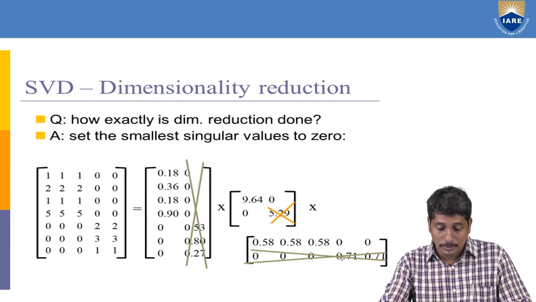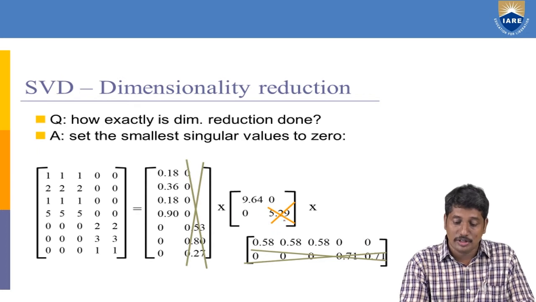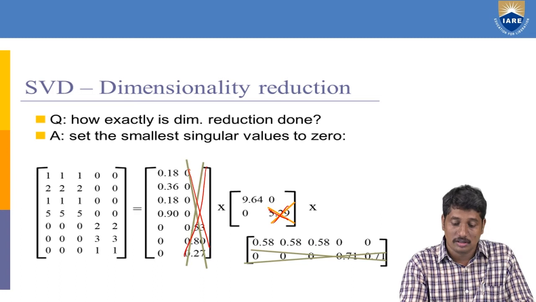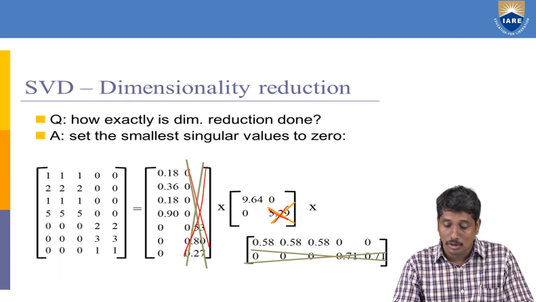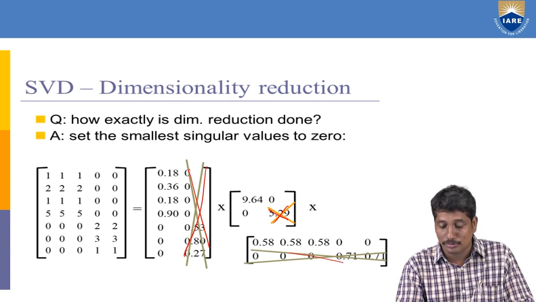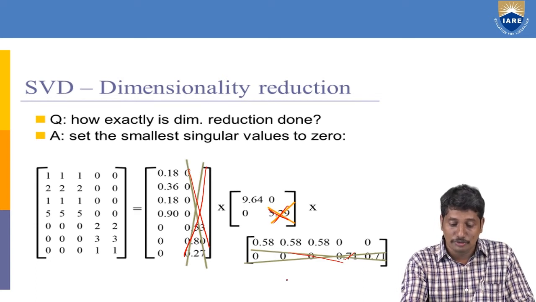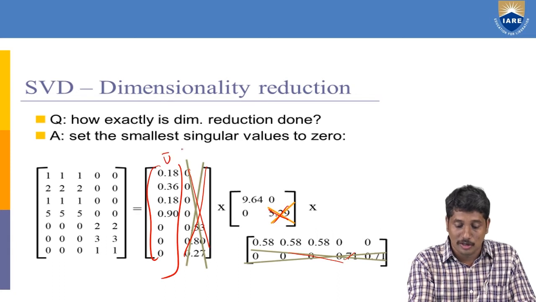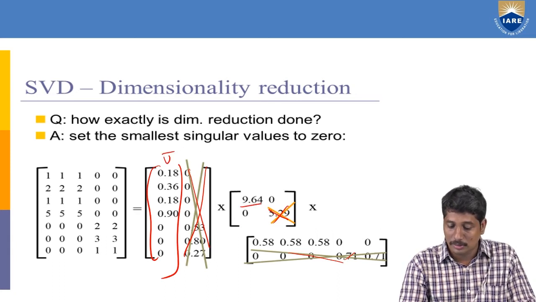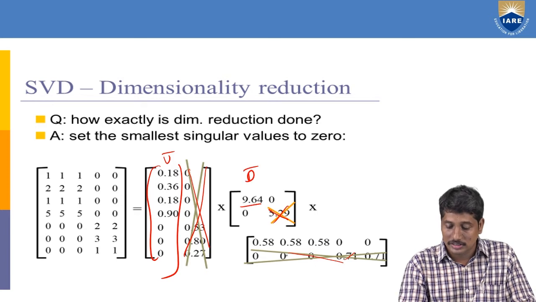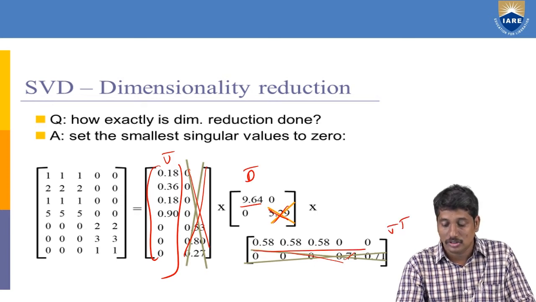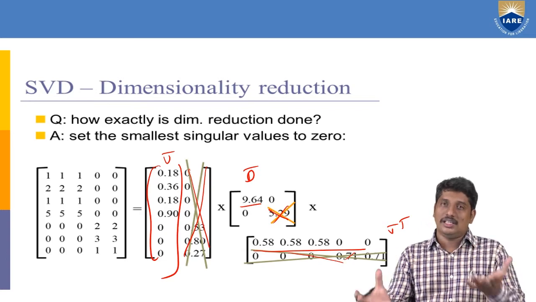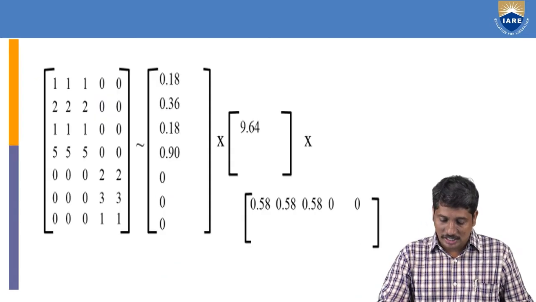So what happens when we cancel the smallest singular value and the corresponding orthonormal vector from U and the corresponding orthonormal vector from V? Automatically we get a new matrix: this is the new matrix U bar, this is D bar, and this is V bar transpose. When we multiply, we get a new matrix, which gives the reduced matrix, which is like this.